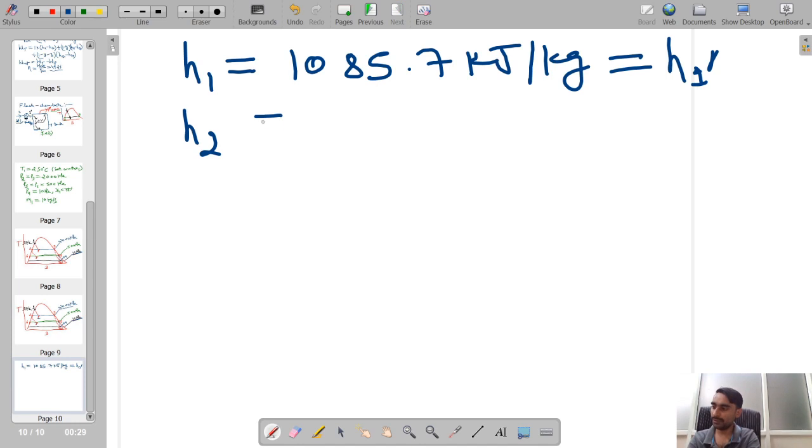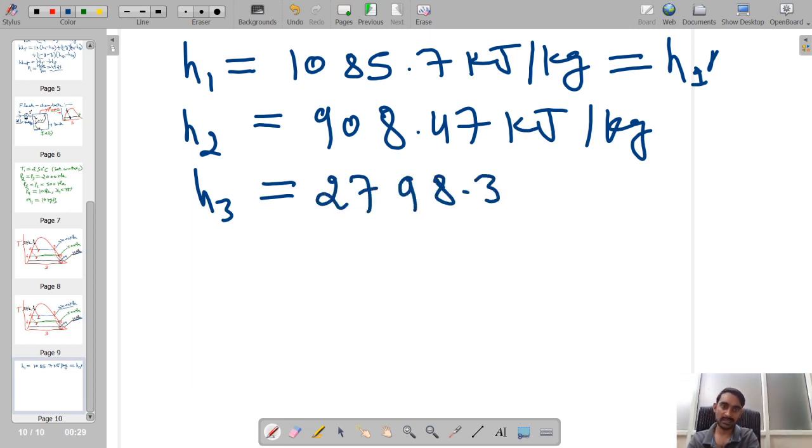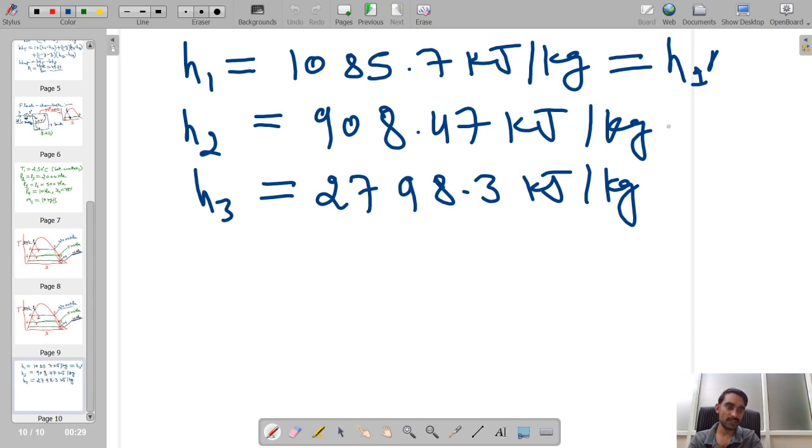H2 you will find is equal to 908.47 kilojoule per kg, and similarly H3 is equal to 2798.3 kilojoule per kg. One more thing: if the process 2 to 2 dash is isenthalpic, then H2 will be equal to H2 dash.